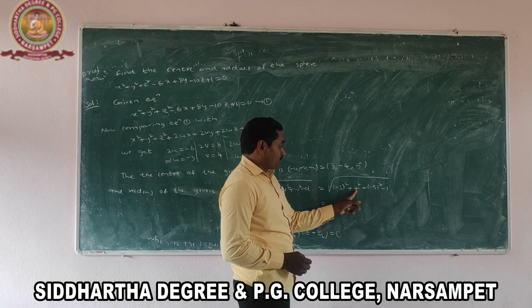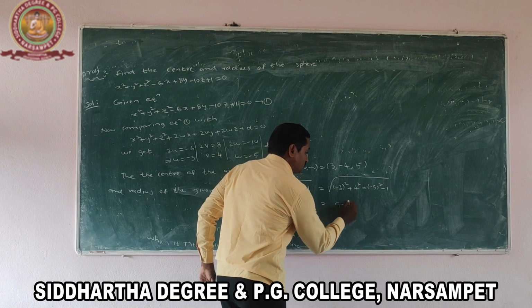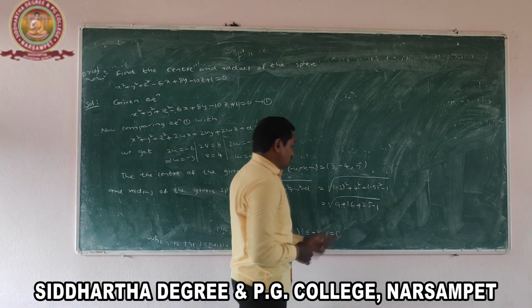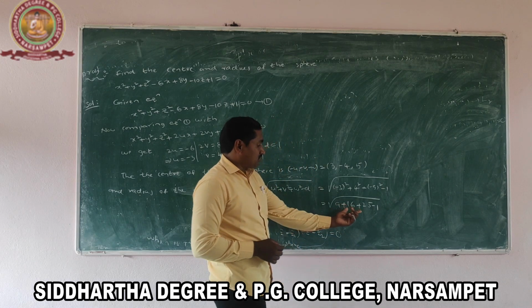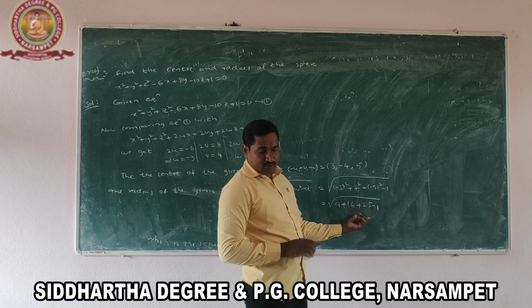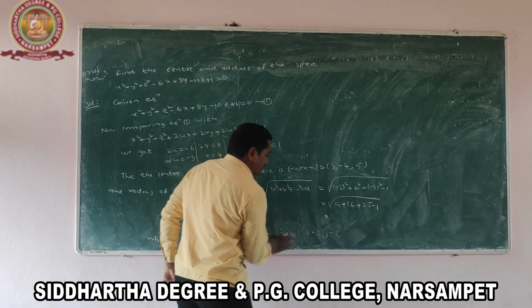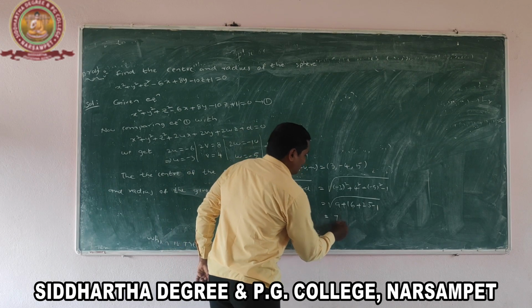So 9 plus 16 plus 25 is 50, 50 minus 1 is 49. Square root of 49 is 7.